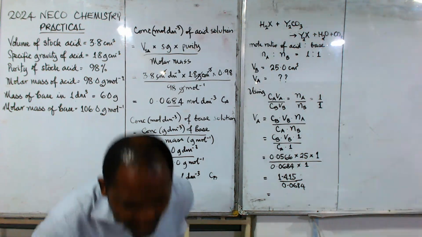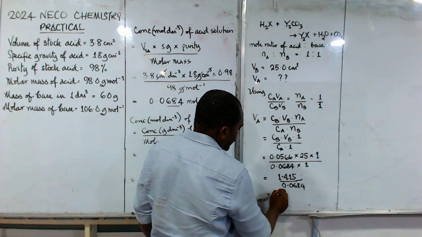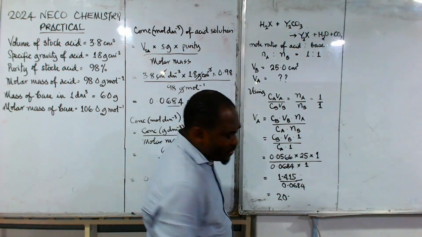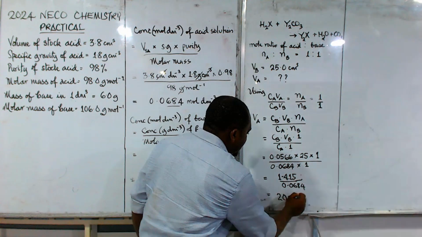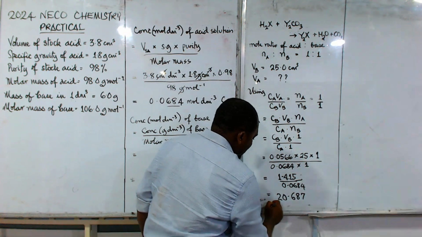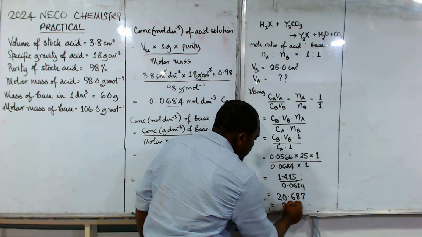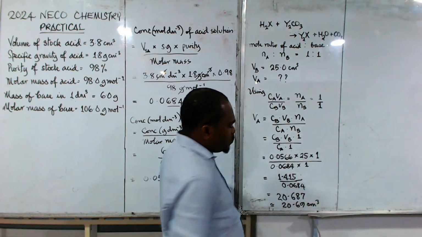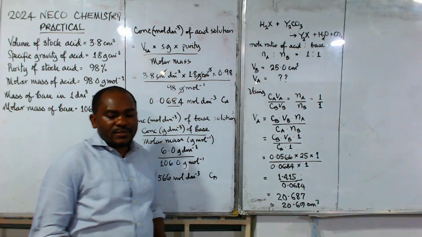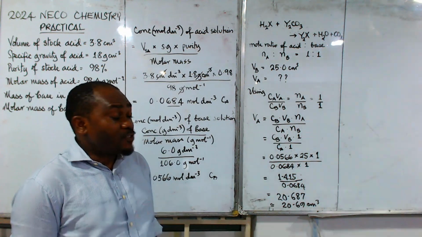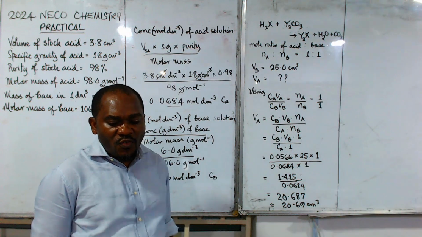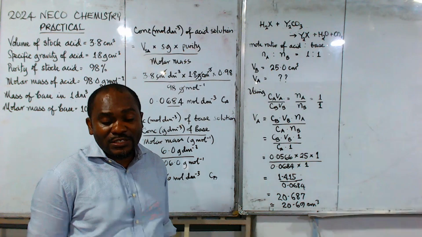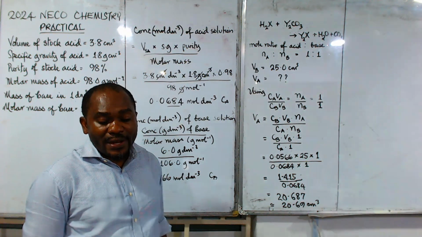So that gives us 20.687, which is approximately 20.69 cm cube. So that is the expected titre value for this examination, for the volumetric analysis of the 2024 NECO Chemistry Practical.